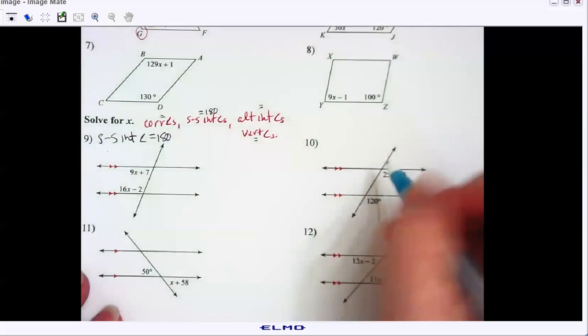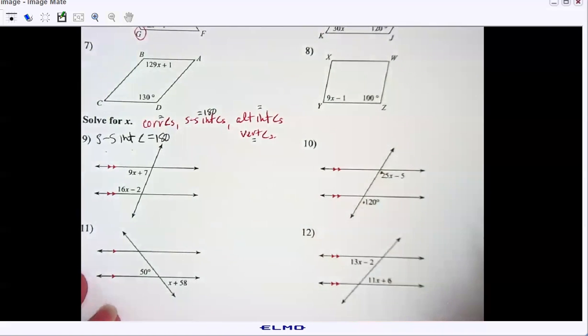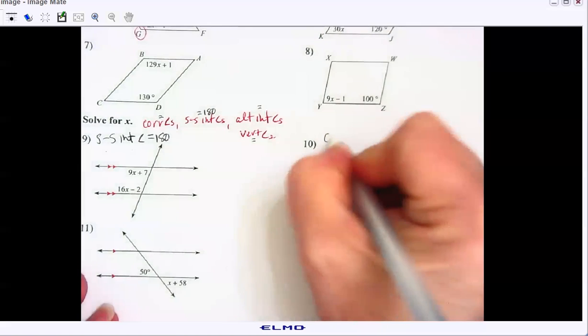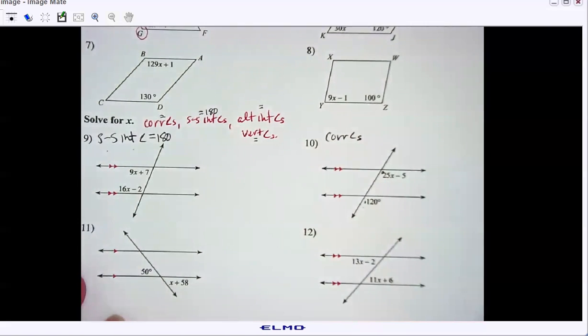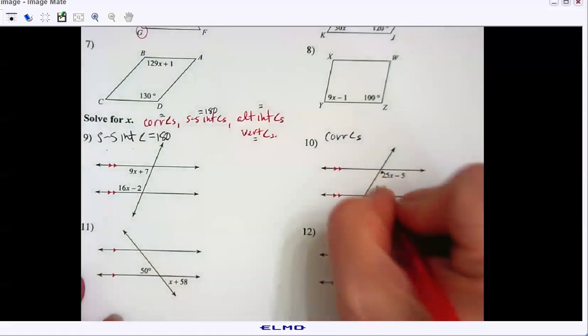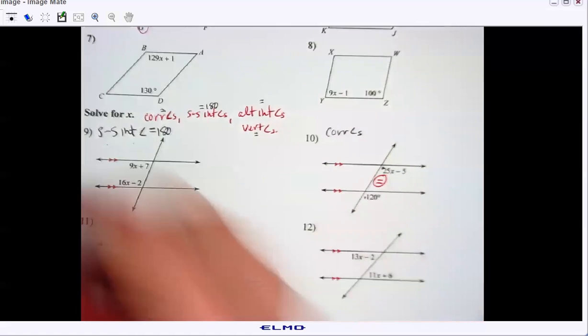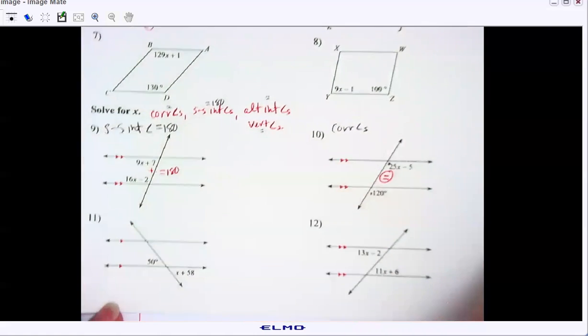Okay. If I were to slide this angle down here, it would be in the same exact location. So this is what we call corresponding. Is it corresponding? Yes, it is corresponding. Thank you. Now we know that these are equal. These will add together and equal 180.